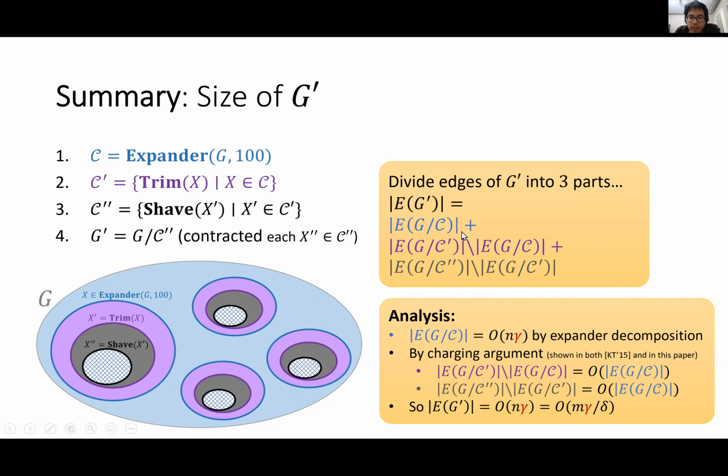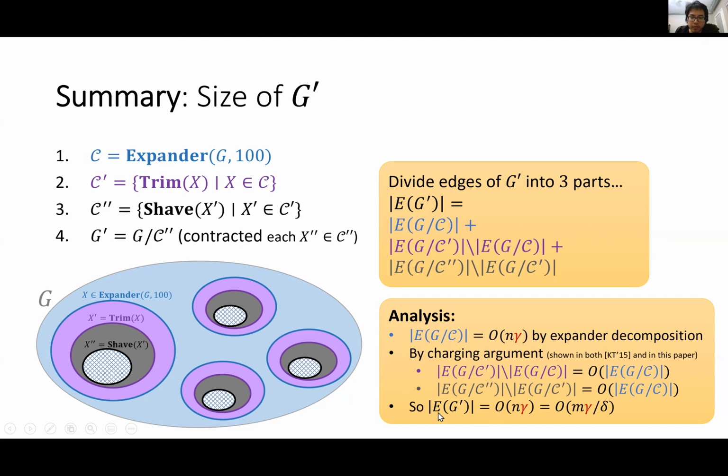All right. Now the blue part is just all the edges that cross the clustering of the expander decomposition, but that is just around n with some overhead factor. And by a simple charging argument that is shown in the Kawarabayashi and Thorup paper, and in my paper too, the purple part and the gray part will be within a constant factor of the blue part.